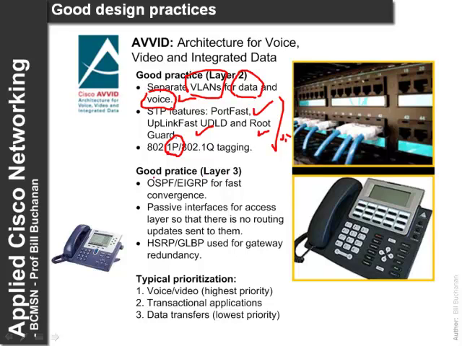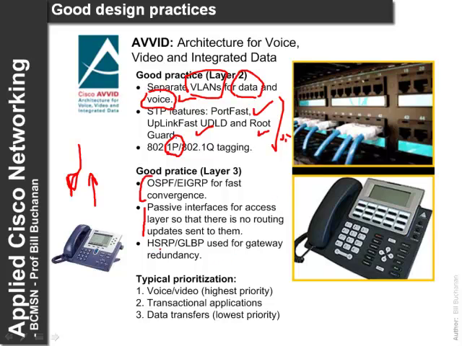At layer 3, it is a good idea to use an event-driven routing protocol such as OSPF or EIGRP. There should be passive interfaces at the access layer when we connect, so that routing tables are not broadcast into a network where there is access.